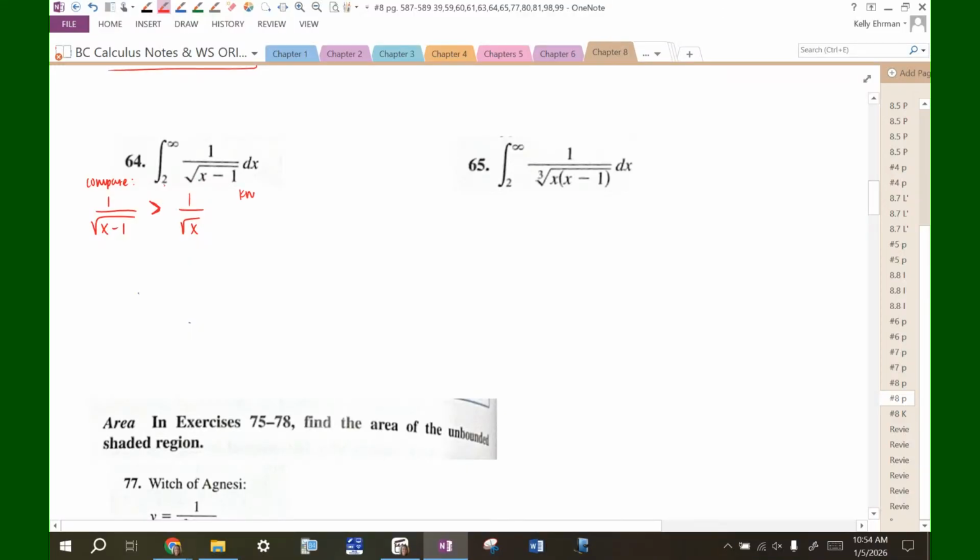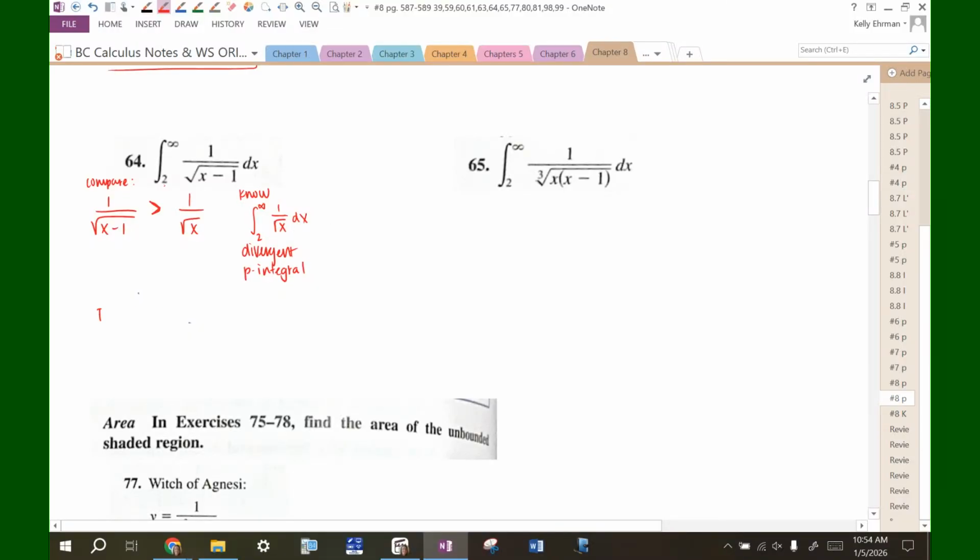I know that the p integral from 2 to infinity of 1 over radical x dx is a divergent p integral because its power is 1/2. That's less than or equal to 1. That's the rule for divergence.